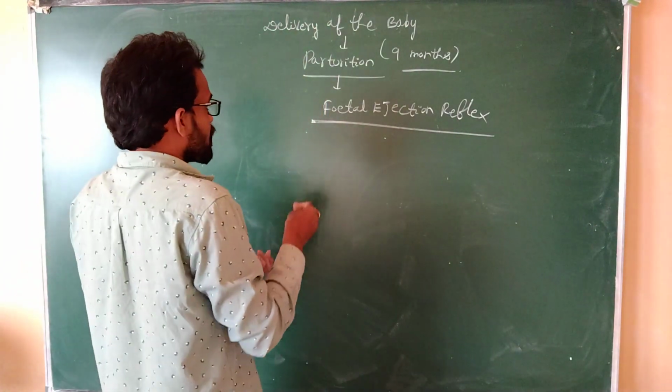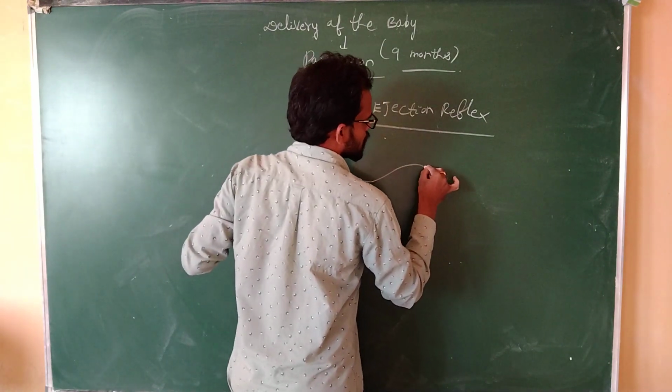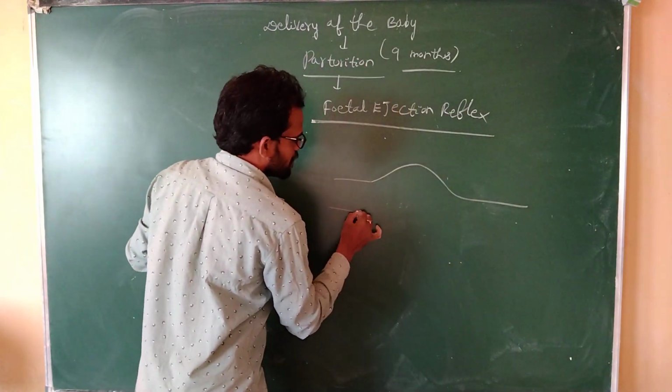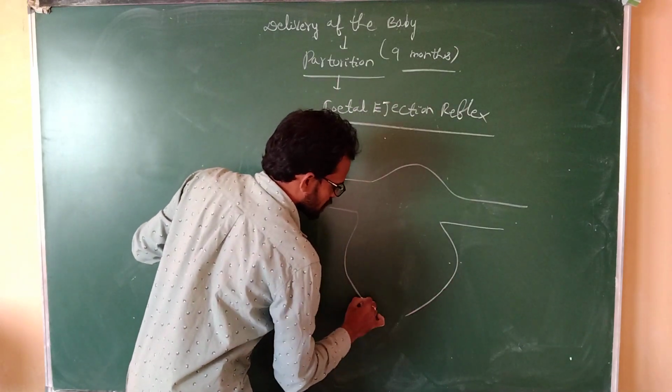Okay, the complete development. How does this fetal ejection reflex work? The complete baby is formed in the uterus.